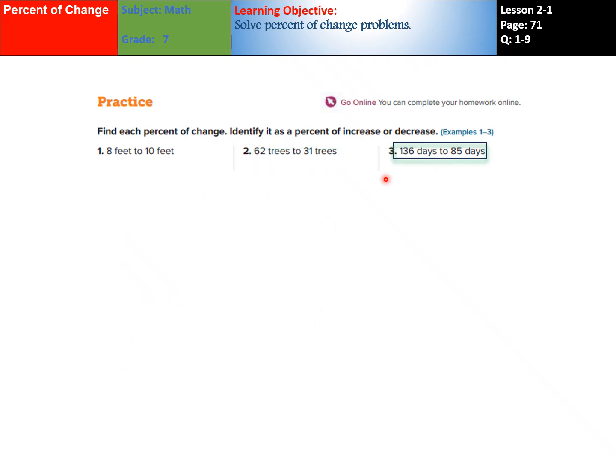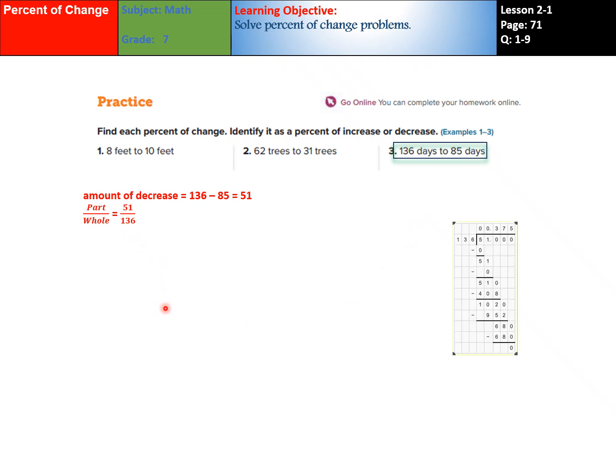136 to 85, again it is an amount of decrease. First find the change. 136 minus 85 gives you 51. Now we have 51 over 136. To find the percent of change, multiply by 100. You can either first do long division, then times 100, or first multiply by 100 and then divide; both ways you will get the same answer.